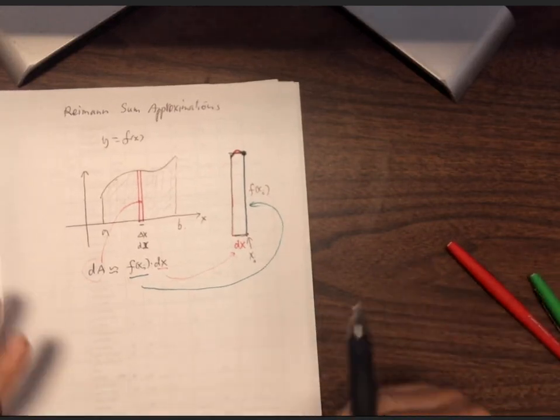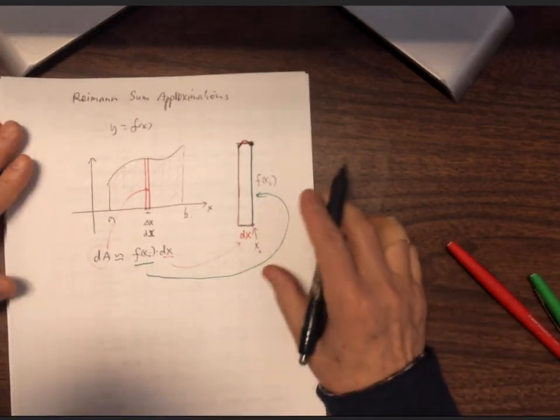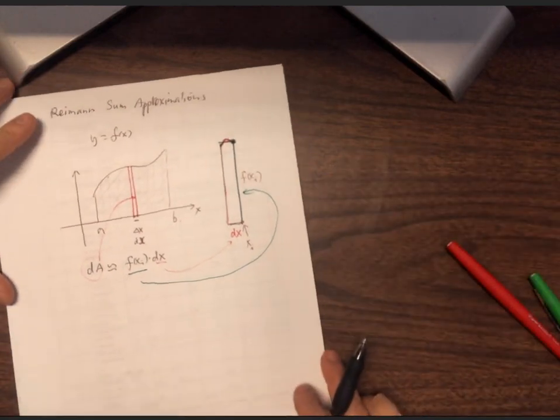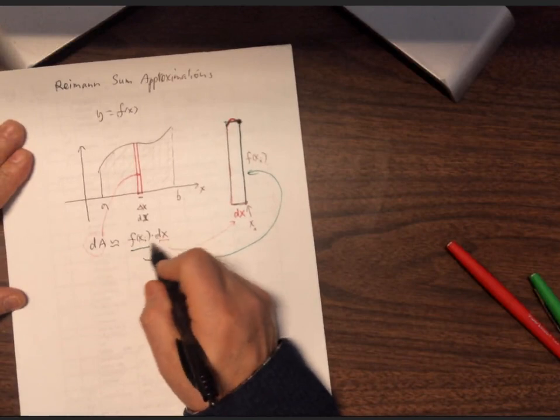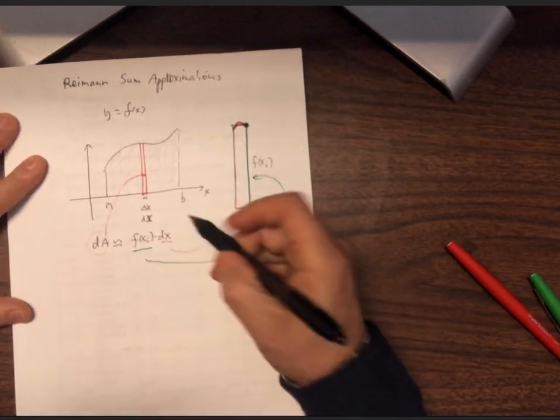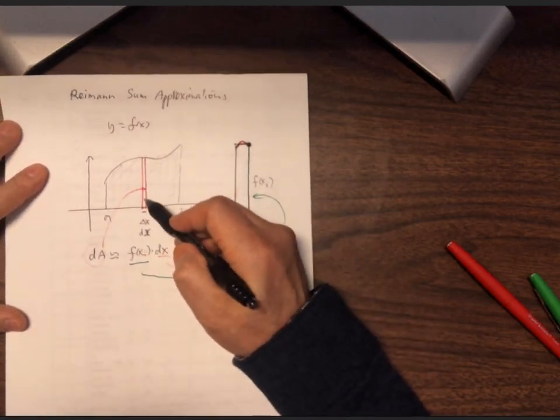They're not exactly the same. There's some error which we accept. So anyway, this product would be approximately the area of this strip.